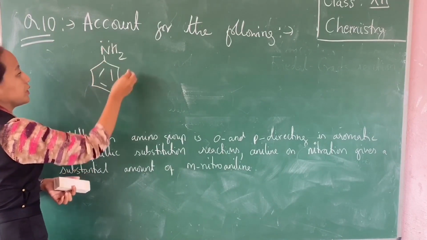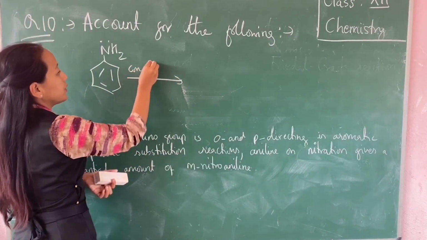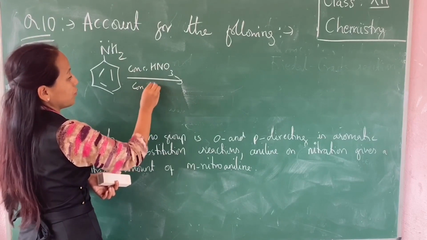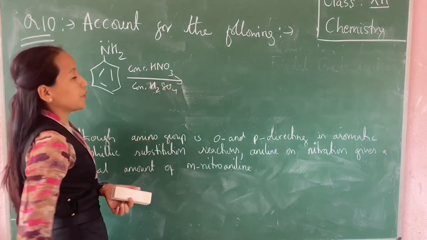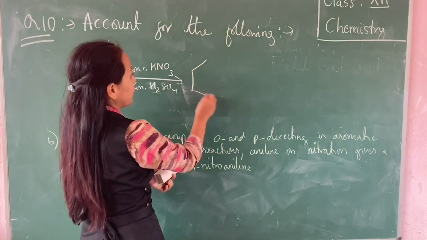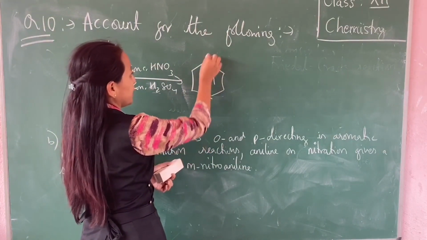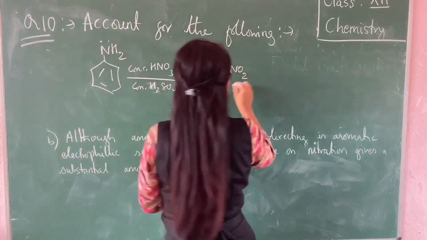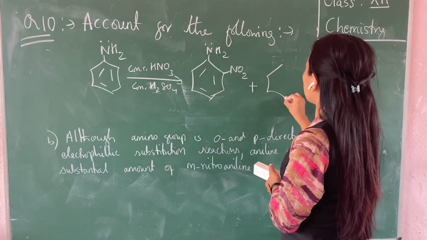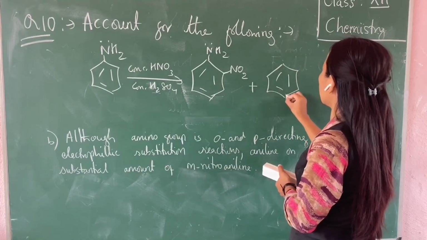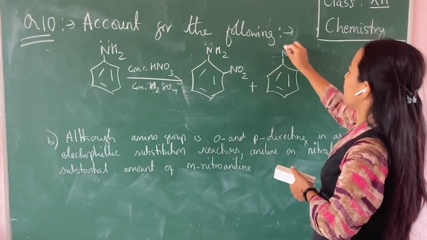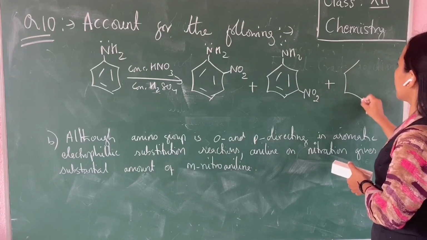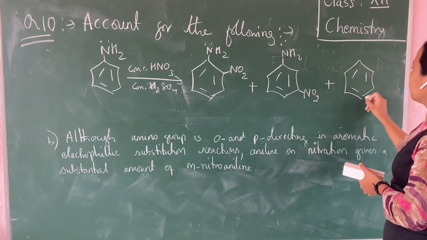Now when you carry out nitration by treating it with concentrated HNO3 and concentrated H2SO4, sulfuric acid, you are getting a mixture of ortho product, para product and meta product, NO2, plus you are also getting a meta product, that is you have NO2 on the third carbon atom, and you're also getting a para product.